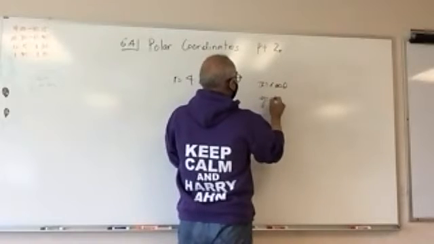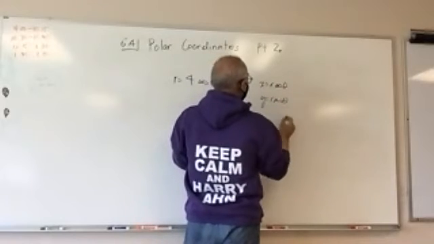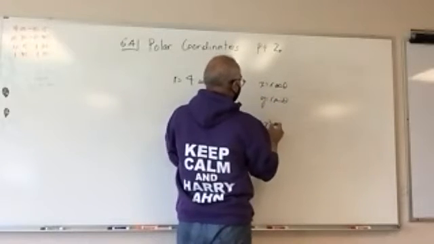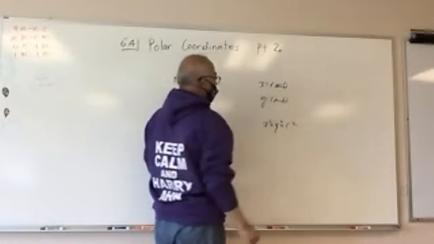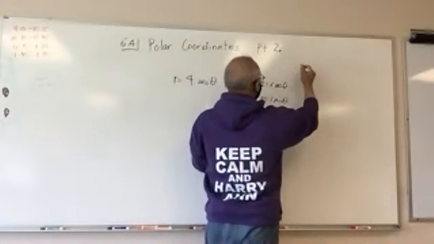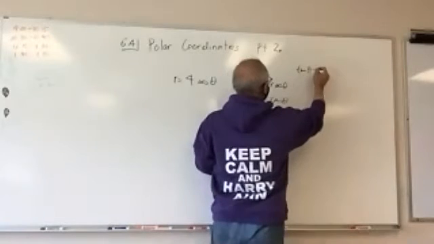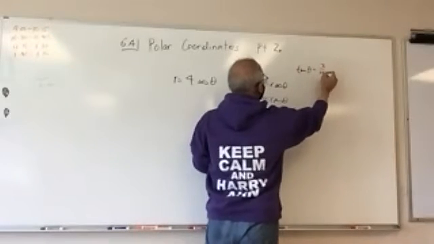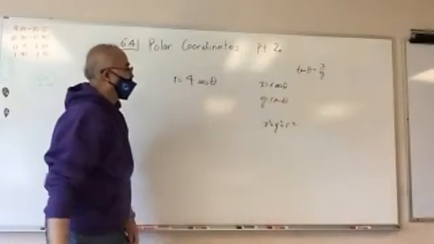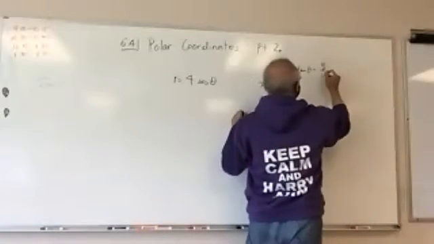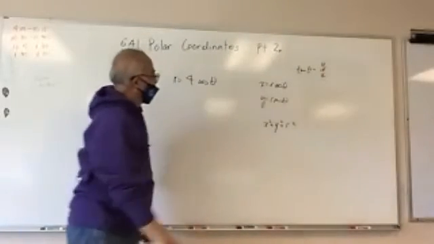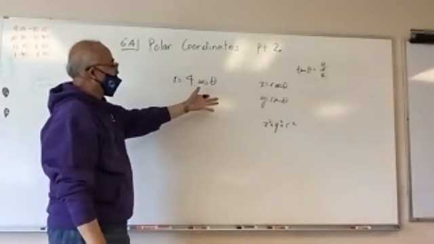We know that y is equal to r sine theta. We know that x squared plus y squared is equal to r squared. We also know that tangent theta is equal to y over x, you're correct.